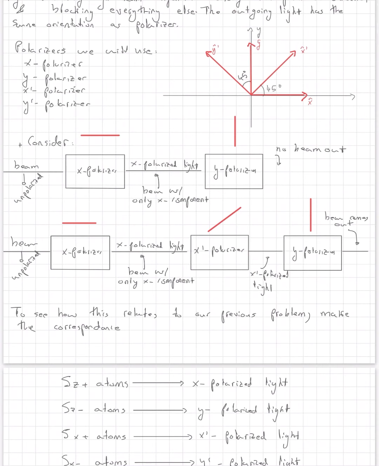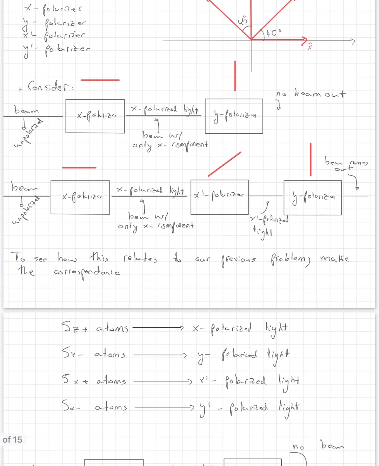The outcome should be X polarized light, which is a beam of light that only has an X component. If we pass this X polarized light through a Y polarizer, we will see no output, no beam will come out, because the beam entering the Y polarizer does not have any component along the Y axis. So this polarizer will not let any of it pass. That's the first setup that we're going to be considering.